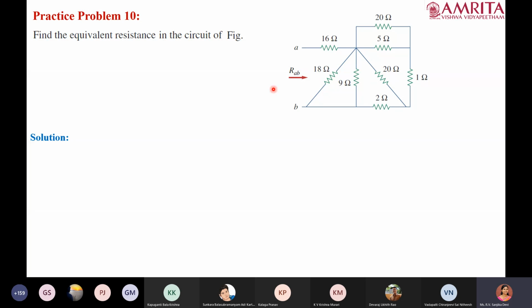The solutions for the previous class practice problems and these three we will be discussing in the next class, in the tutorial session.